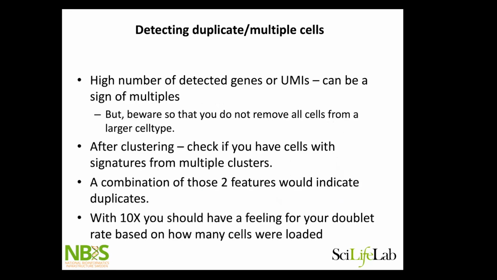So what can we do about detecting doublets? Of course, if we have two cells in a droplet rather than just one, we get a lot more detected genes and a lot more UMIs.